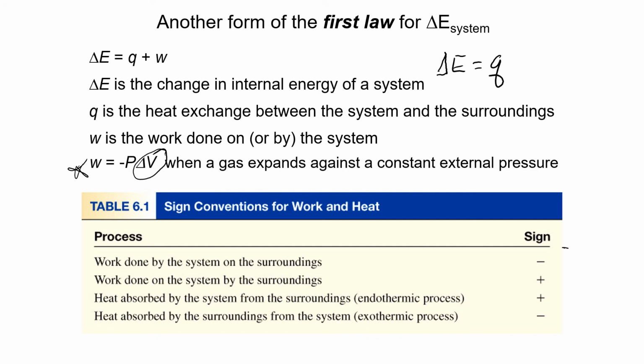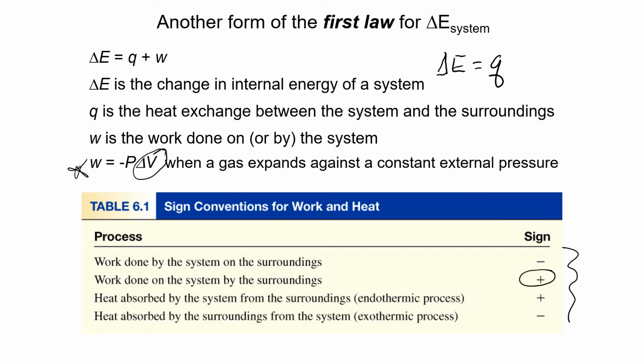But you do need to be able to assign signs, plus or minus, to the scenarios listed in this table. So work done by the system on the surroundings: if the system is doing work, it's exerting energy on the surroundings, so that's negative. If work is done on the system by the surroundings, that's a gain, so it's positive.